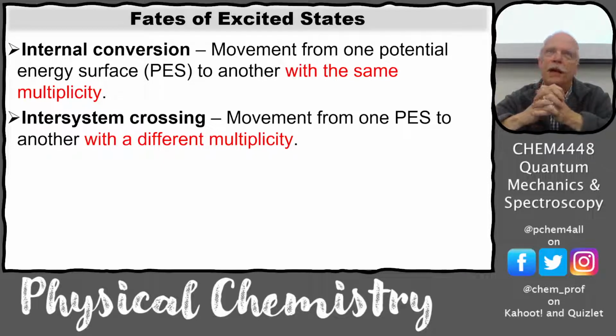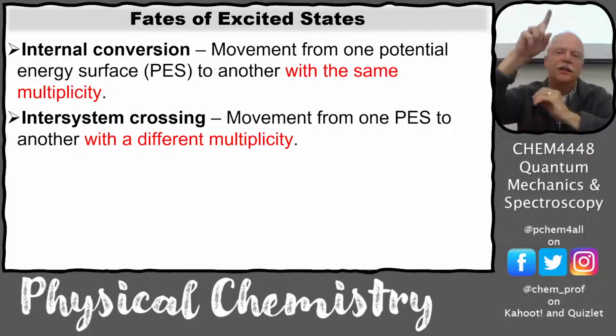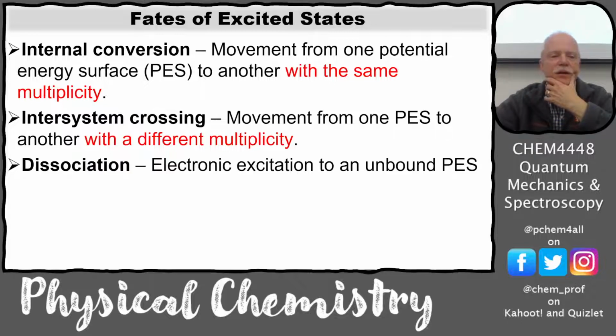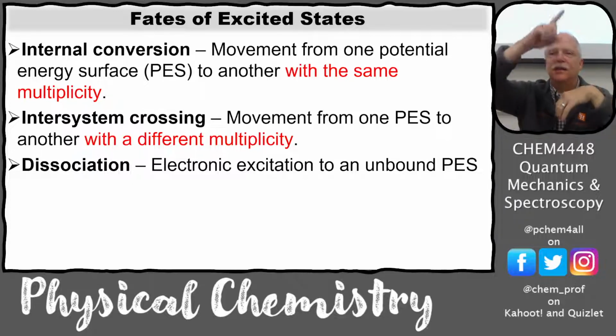Don't really have any analogies for this, except maybe it's easier to think about it in those two-dimensional potential energy surface diagrams, right? You see this, and we'll see some pictures of these things. Okay. And then dissociation. So if you have a really excited molecule, it can move to a potential energy surface that's not bound. So it doesn't have a dip in it.